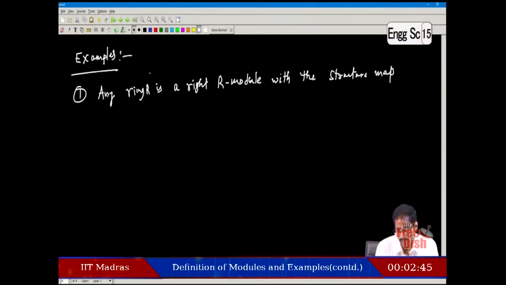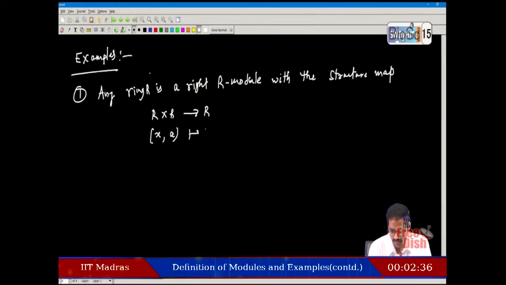It is simply R cross R to R: if you take any x and a, this goes to xa. This is the structure map, and we can verify that it satisfies all the conditions. So this is fine.